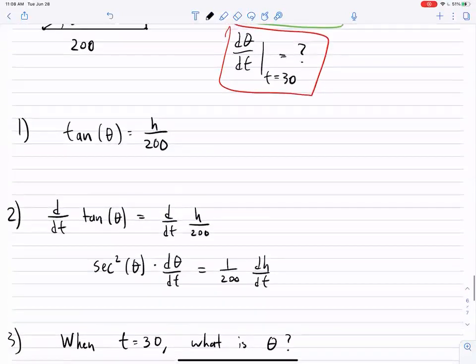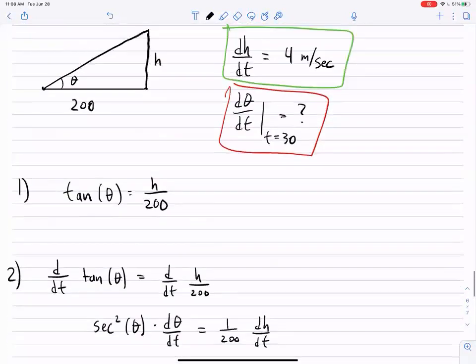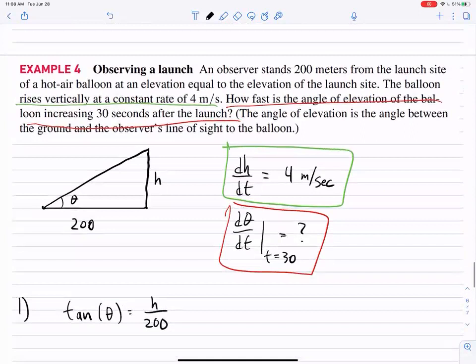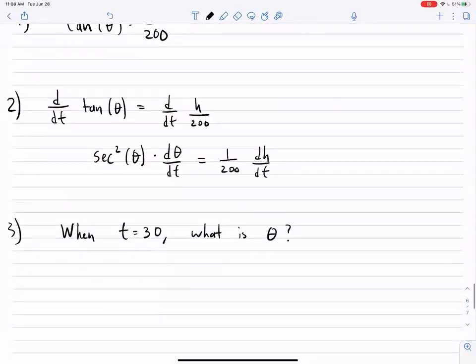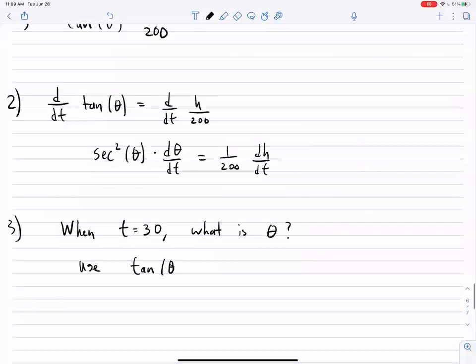And how can we find that? Well, we know what the height is at 30. We can use tangent of theta equals h over 200.